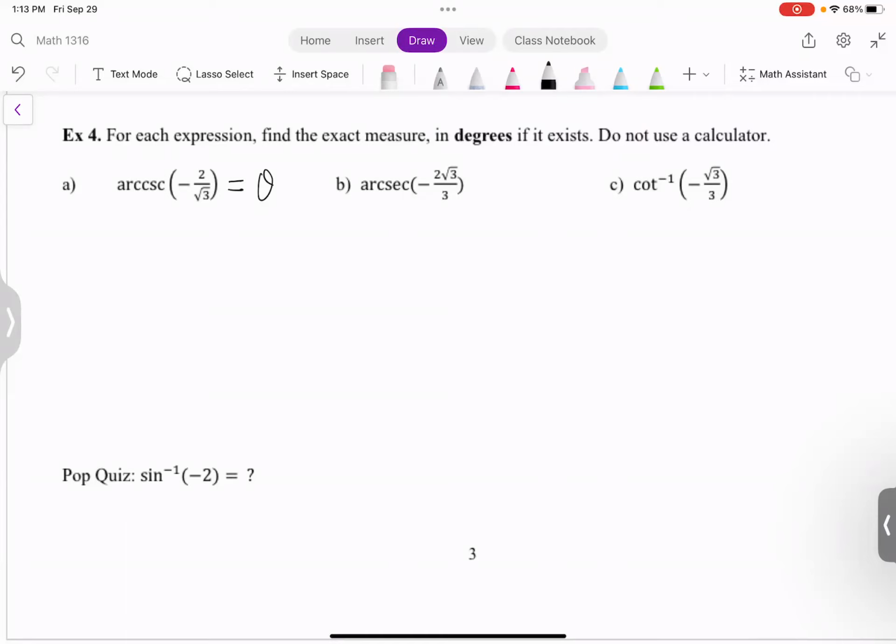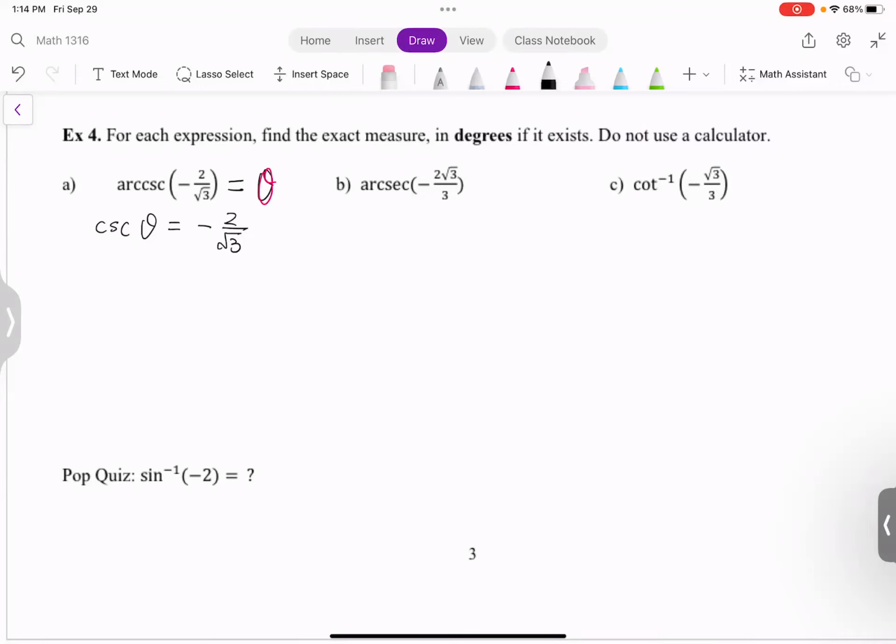So I have cosecant theta equals -2 over square root of 3. I'm looking for the theta. And what is the theta's value?